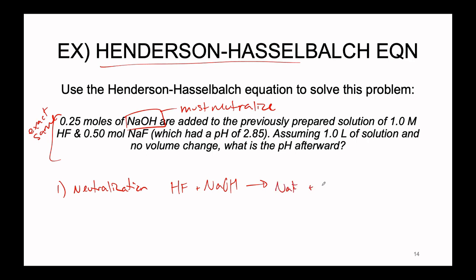Again, this calculation is the exact same first step. We started with our 1 mole here, 0.25 moles of our sodium hydroxide, started also with 0.50 moles of our sodium fluoride, subtracting out our limiting reactant from the reactant side, adding the generation of the product to the product side.